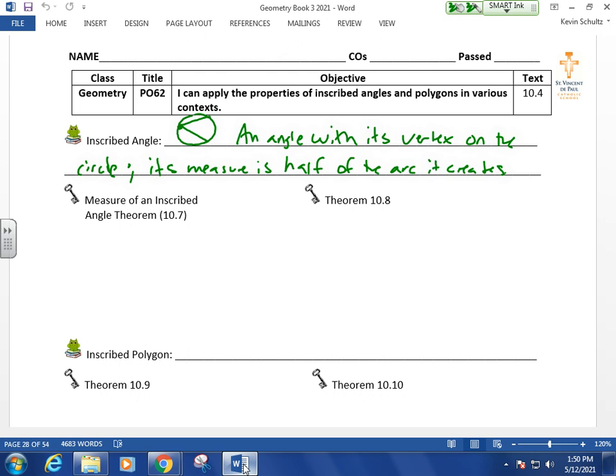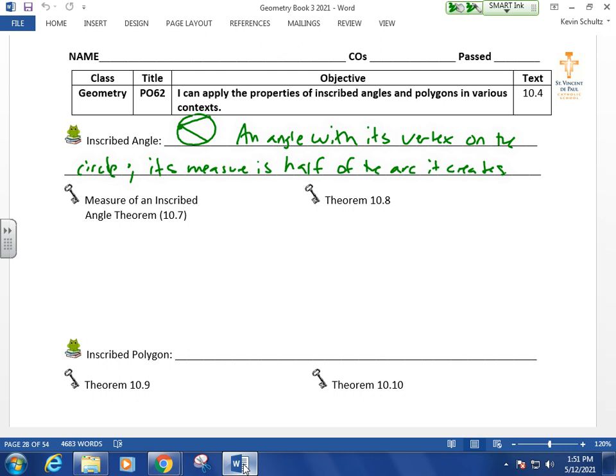An inscribed angle is an angle with its vertex on the circle, and its measure is half of the arc that it creates. So a central angle, its measure is equal to the arc that it creates. You move that vertex back a little bit so it's on the circle, and the angle measure is half the arc.